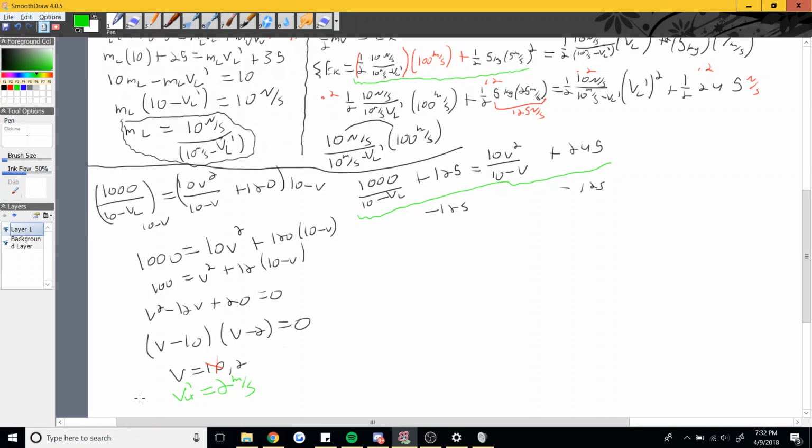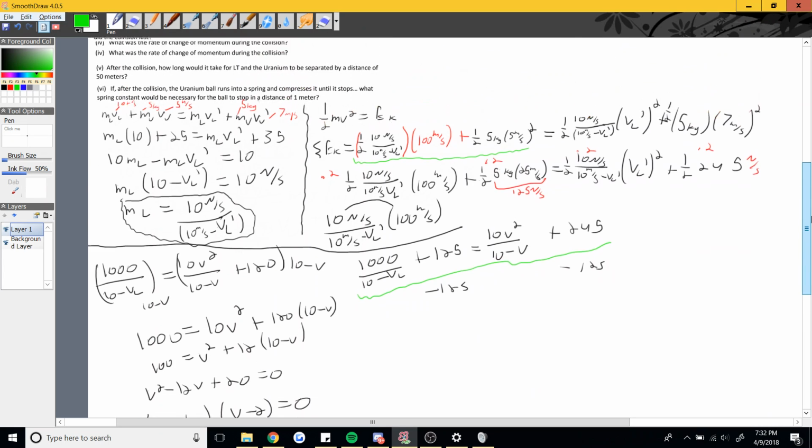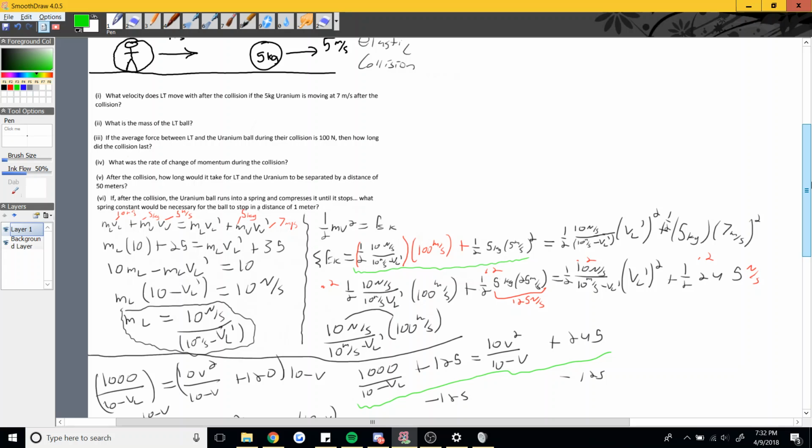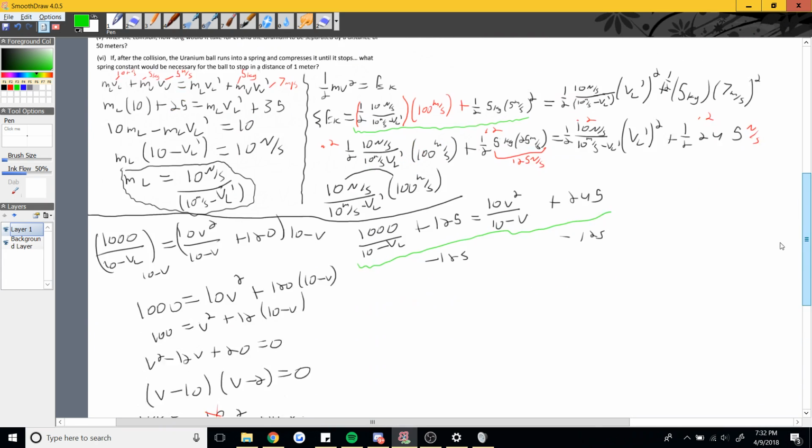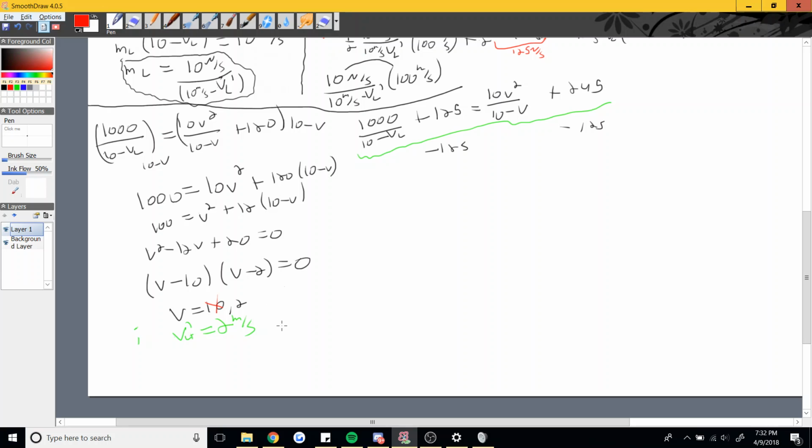This is going to be the answer to 1, I believe. 1 was the one asking for mass. I was completely wrong. Yeah, I was right. 1 is asking for velocity, and 2 is asking for mass. Mass is, as we solved up here, 5/4 kilograms.